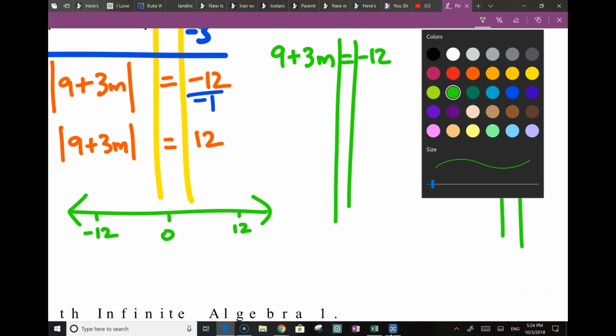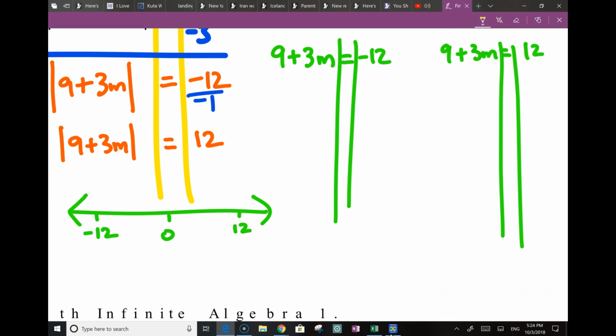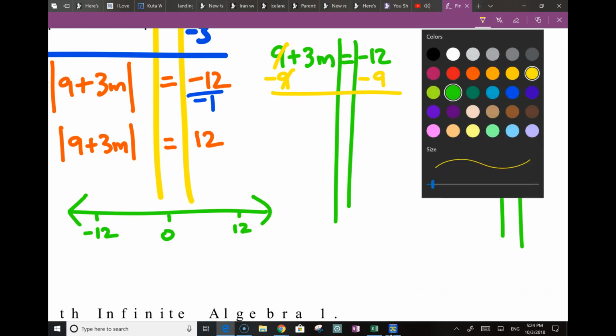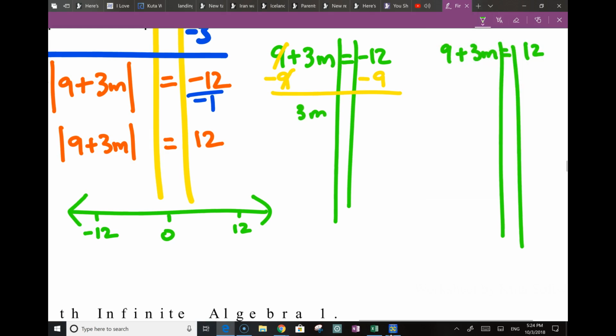So this would be, I think I switched to yellow here. I'm going to use the subtraction property right there. The 9s cancel out. I get 3m is equal to negative 21.